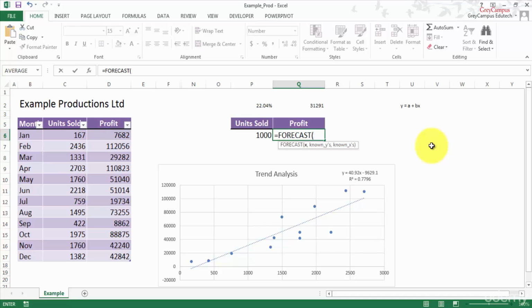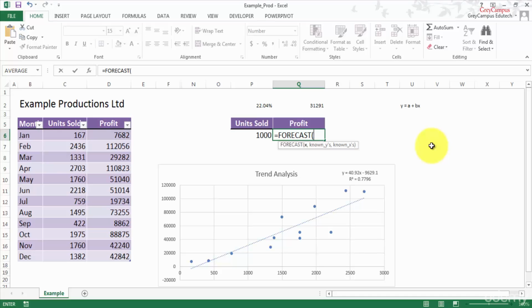Forecast is similar to trend. Here the advantage is that it works on a single set of data as well. When we saw trend, it was working as an array, so it would directly apply to all the values at a time. But forecast can work on a single point of data also.